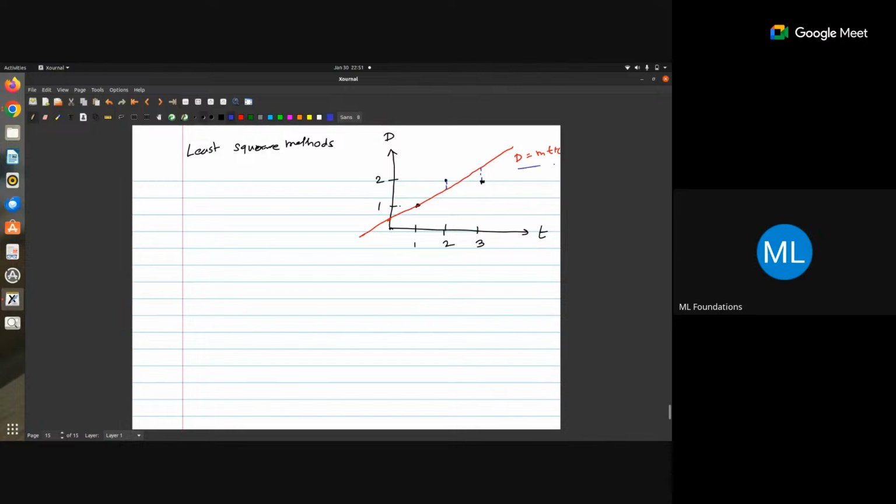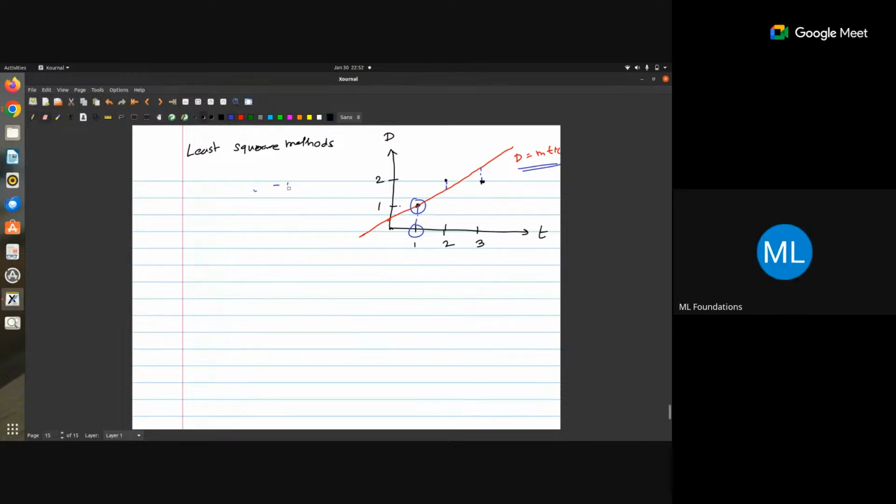If I am saying that this is the equation of the line, how should I represent this point on the line? Which point? This one, the first point. Can I say that C plus D equal to 1? I don't know C. Do I know T? T is 1. So T equal to 1.